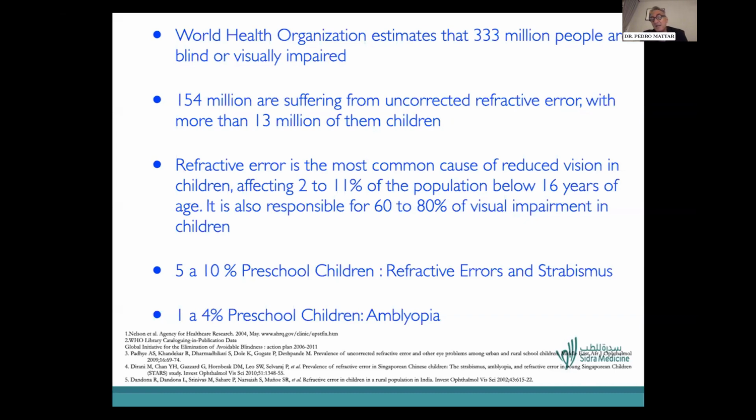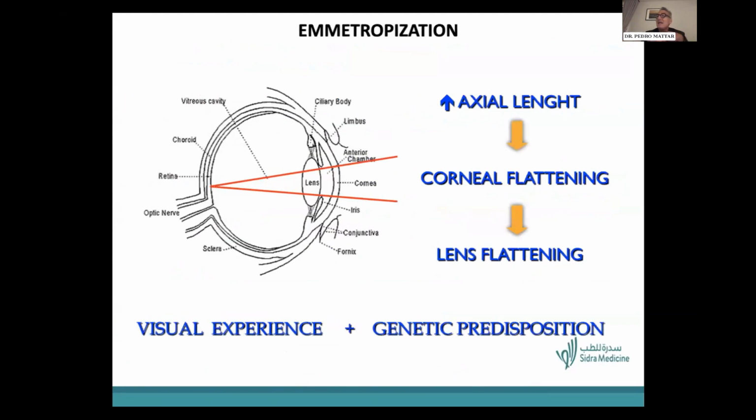There are different publications that talk about the prevalence of amblyopia in preschool children. I used to tell my pupils: imagine you're going into a classroom of 40 children. You have to think that at least 4 of them might have an important problem in the eye and can have amblyopia.